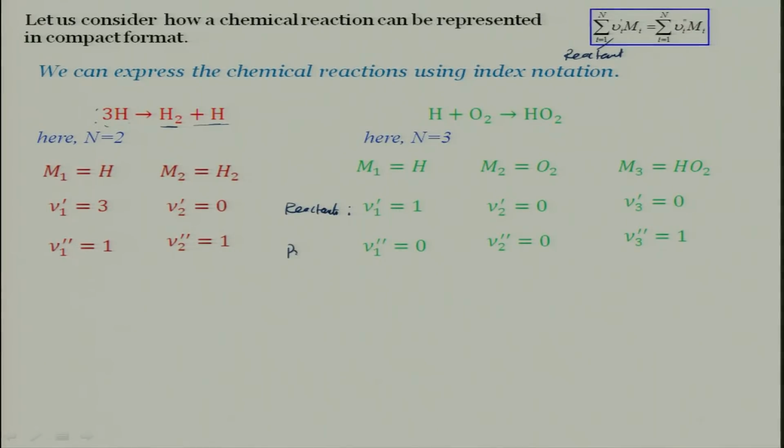This is the product side. Is it right or is it wrong? This is not right. Okay. So what is that? Nu 2, if you look at O2, it is here on the reactant side, so therefore this will be wrong, this will be 1. Yes or no? The rest of the things is right. Are you getting it? Yes or no? Do you know why we write in such a complicated way?